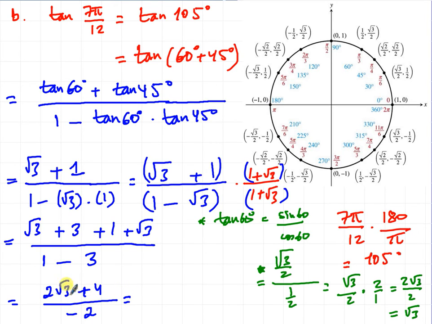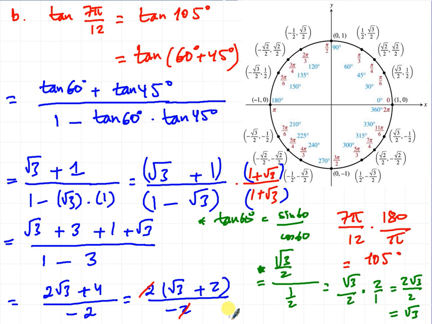I can take common factor in the numerator, 2. So I will be left with 2 radical 3 plus 2 over minus 2. I can simplify here 2 with the 2. Don't forget the minus in the denominator. This minus in the denominator, I can put it up.